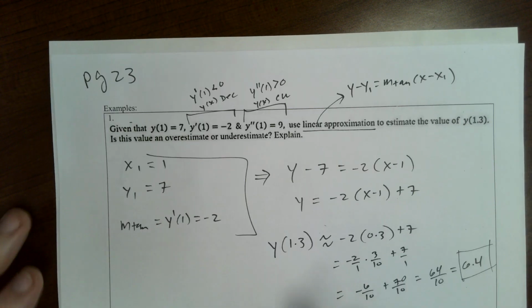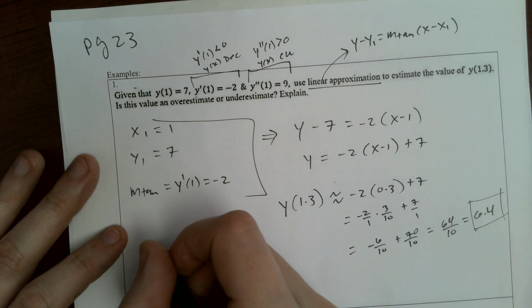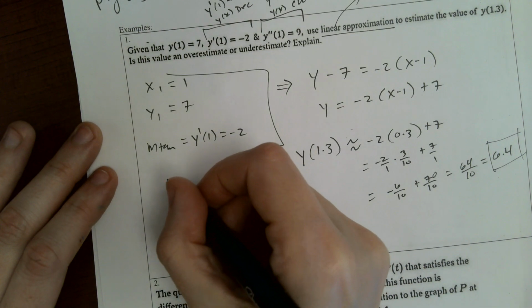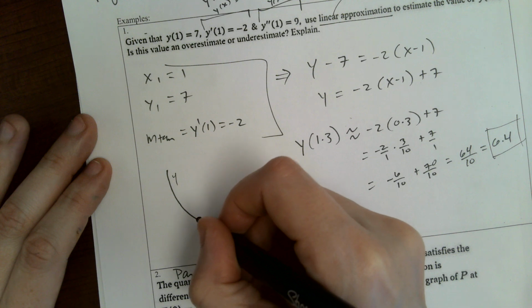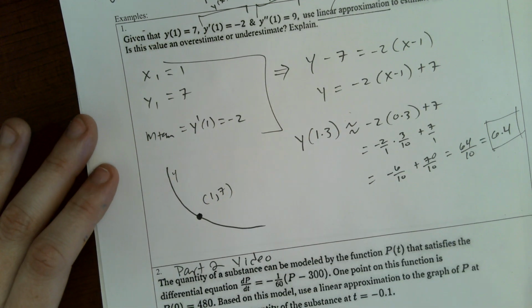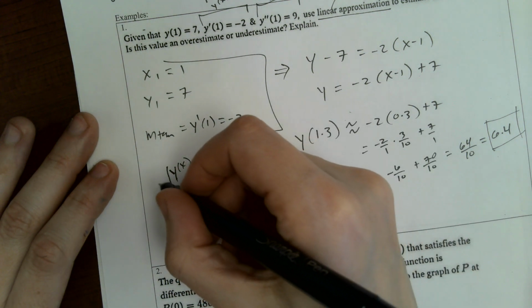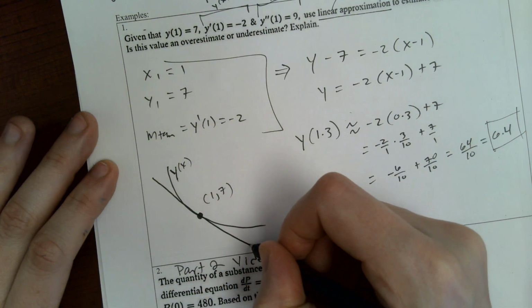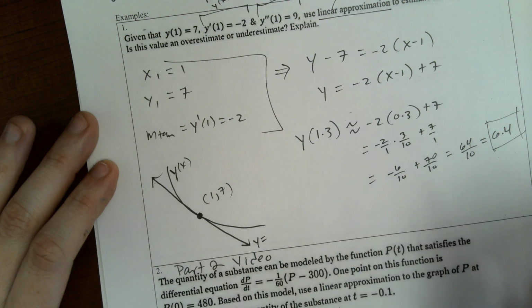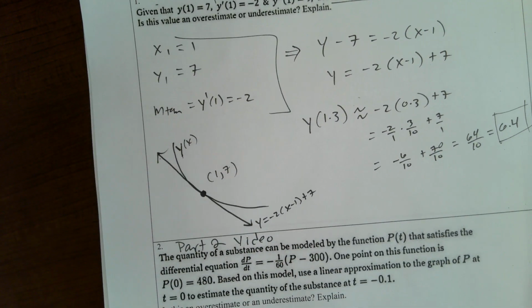If you want, you could just draw a little picture here. It's really concave up that we care about, but since we know it's decreasing, the graph looks something like this. There's no need to draw this picture, guys, if you could visualize it. This is the graph of y of x, and this is the tangent line that I just drew. So this is y equals -2(x - 1) + 7, the tangent line that I just found.